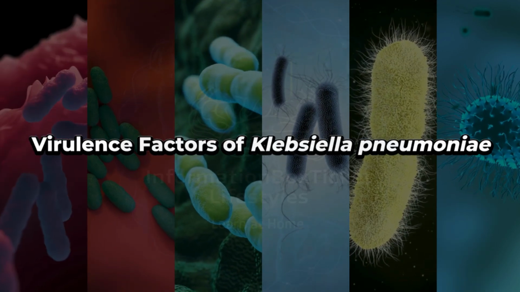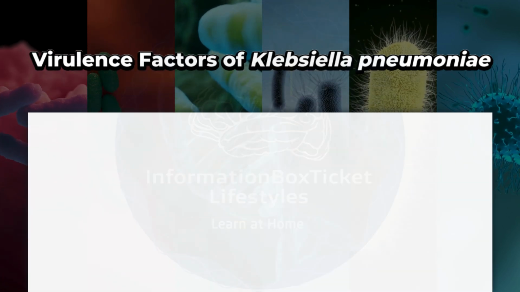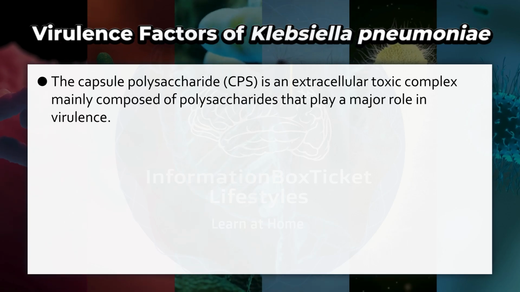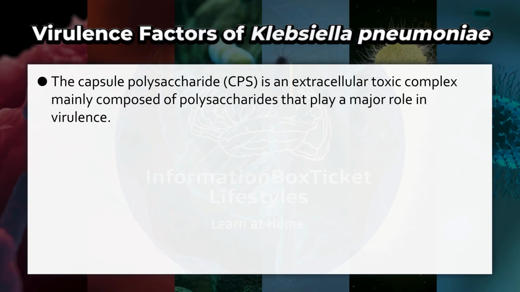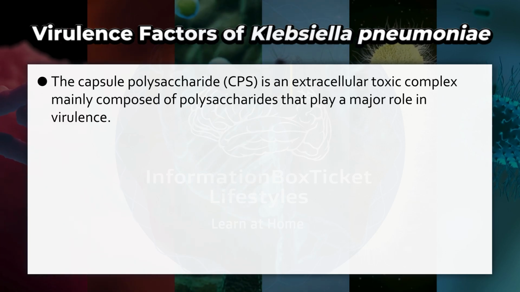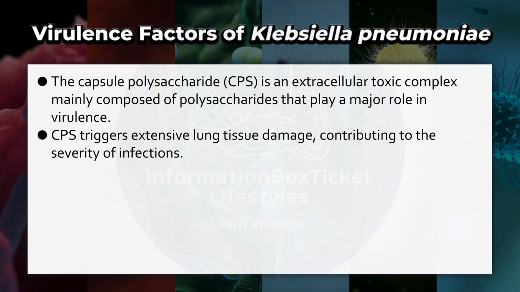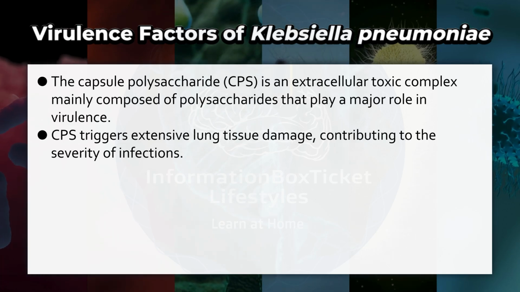Virulence factors of Klebsiella pneumoniae. The capsule polysaccharide is an extracellular toxic complex, mainly composed of polysaccharides that play a major role in virulence. Capsule polysaccharide triggers extensive lung tissue damage, contributing to the severity of infections.